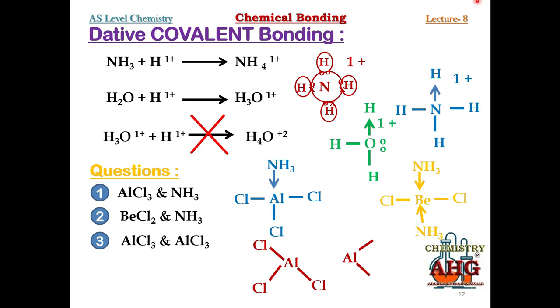Now each aluminum is electron deficient, so you can place 2 aluminum chloride molecules like this, and a dative bond, the direction of the arrow must be from chlorine to aluminum. One dative bond, second dative bond. So whenever we combine 2 aluminum chloride molecules, there would be 2 dative covalent bonds formed.